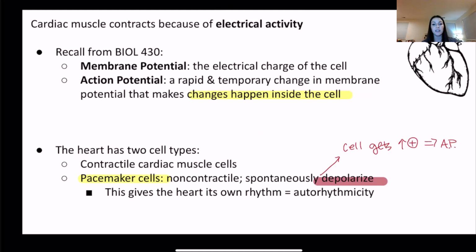The cell gets more positive in depolarization, that leads to action potentials, that leads to actions happening inside the cell, and that action happening inside of the cell is muscle contraction, a heartbeat. And pacemaker cells are so super cool because pacemaker cells spontaneously depolarize, which means they don't need anybody to tell them to depolarize. They just do it on their own. This is what your textbook calls autorhythmic, or the heart has autorhythmicity because of pacemaker cells. They establish the pace, the beat of the heart. It's layered, of course, and we're going to talk about it.